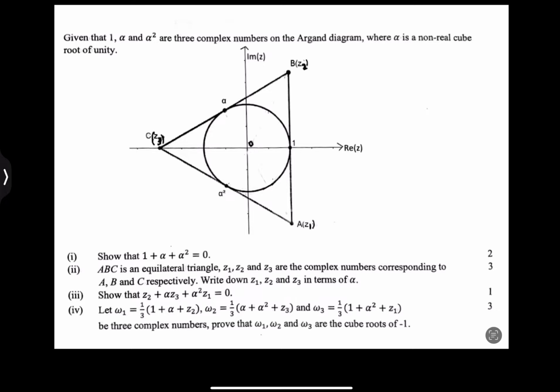Given that 1, alpha and alpha square are 3 complex numbers on the Argand diagram, as you can see it's drawn there, where alpha is the non-real cube root of unity.